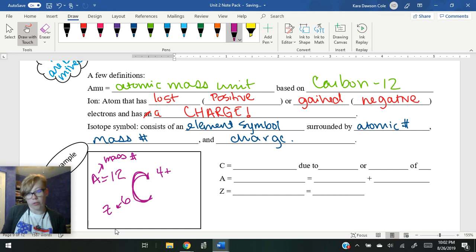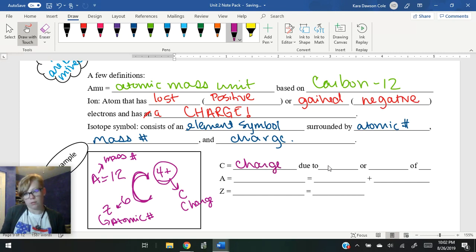I have no idea why it's called Z, I just know it's called Z. And then the +4 in the corner is the charge, which is due to loss or gain of electrons. Again, loss is going to be a positive charge and gain is going to be a negative charge. So in this case, carbon has lost 4 electrons.